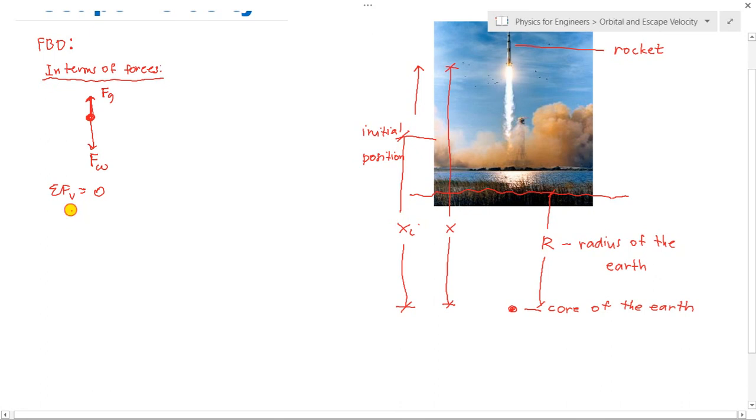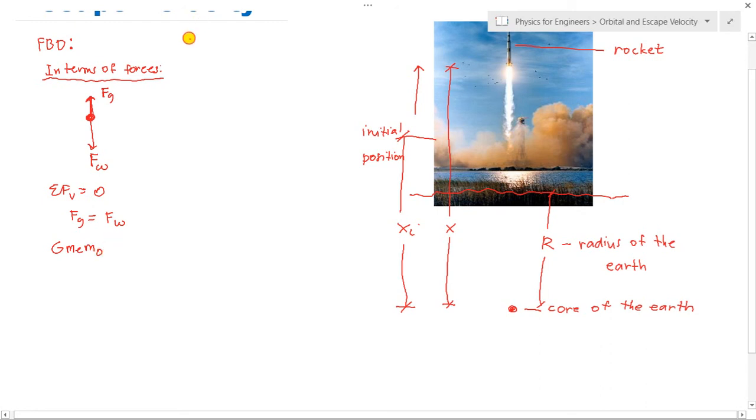So here we can say that the gravitational force is just equal to the weight of our rocket at a certain height sa iyang pag-travel. So we know that the gravitational force is just the gravitational constant G, then the mass of the earth, then the mass of the rocket.